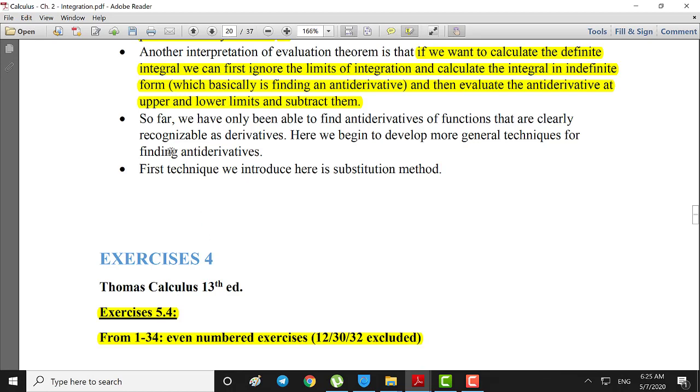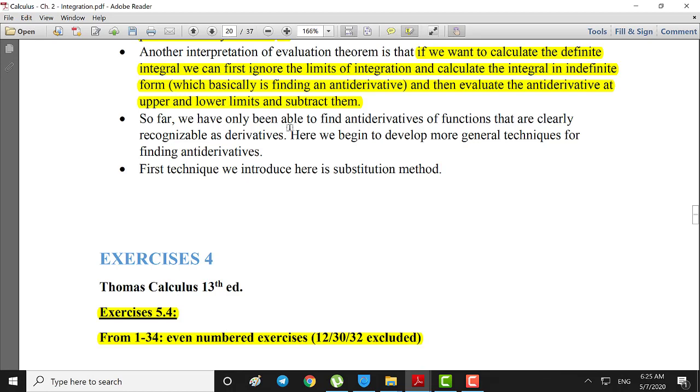Now, up to this point and after these exercises, you see that we've only been able to find antiderivatives of functions that are clearly recognizable. But not all the integrands of the integrals we want to calculate are that simple.